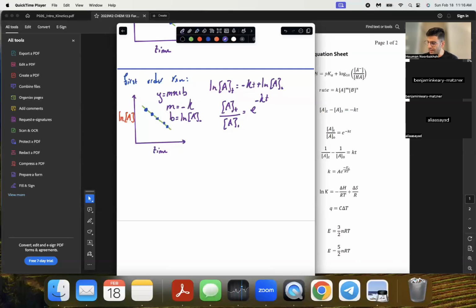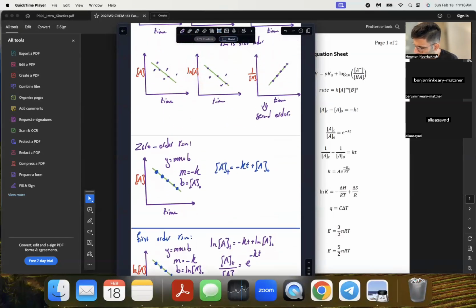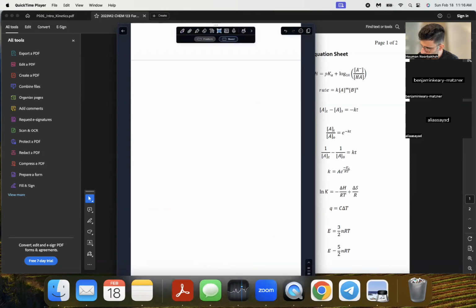And then for second order reactions, we use this one. So when y is equal to mx plus b, this one has a positive slope.